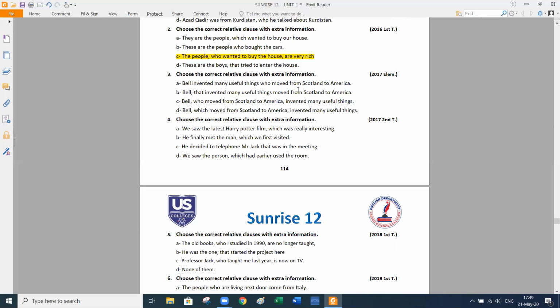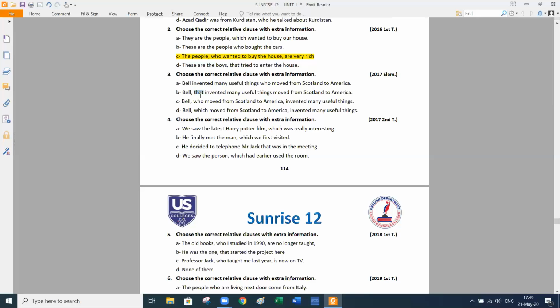We don't choose it. And B: Bell, comma, that invented. So there is a comma, meaning this is supposed to be a non-defining relative clause with extra information, but they use that to refer to Bell, to refer to a person.